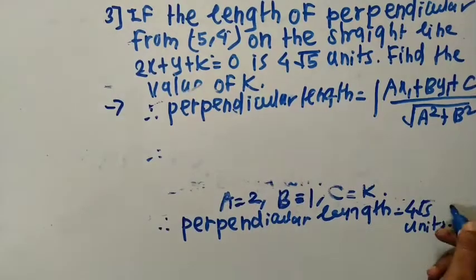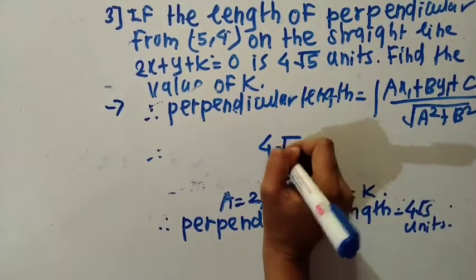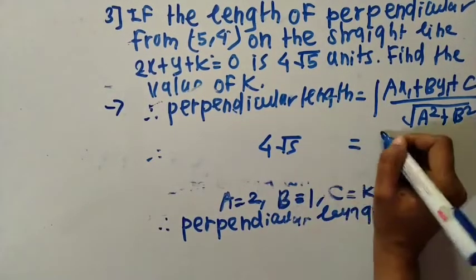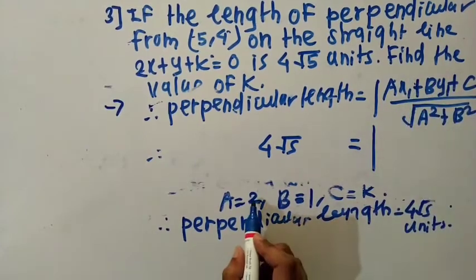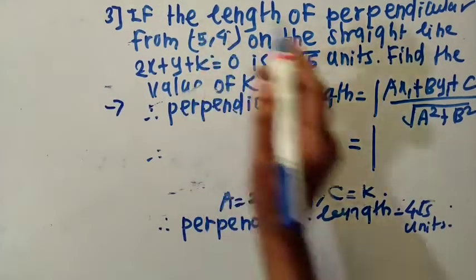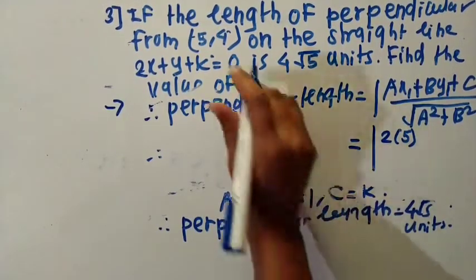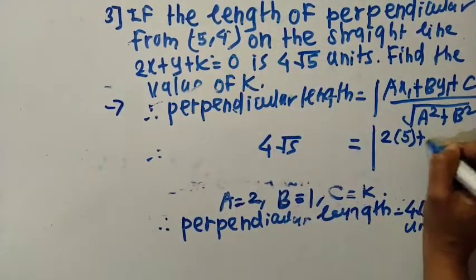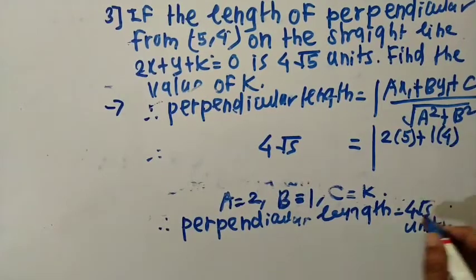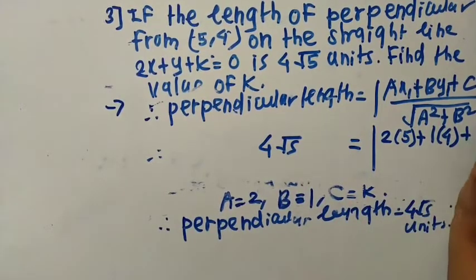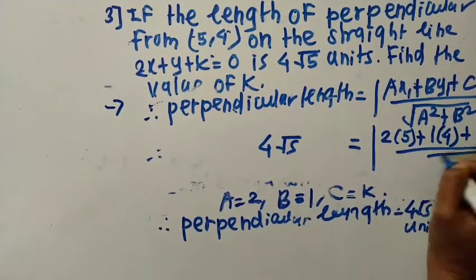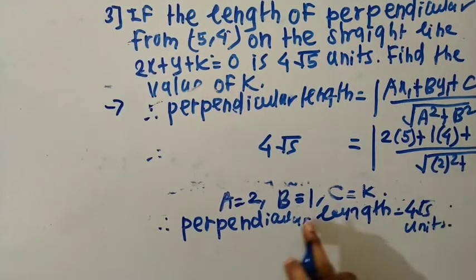Here the perpendicular length 4 root 5 units is equal to a into x1, 2 into 5, b into 1 into 4, plus c means plus k, upon root of 2 square plus 1 square.